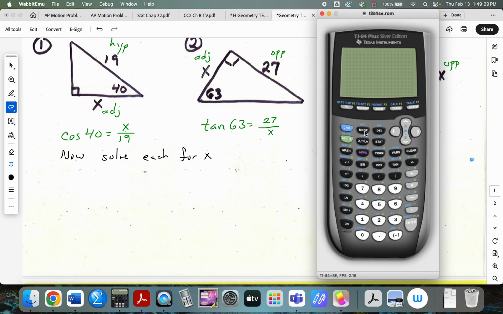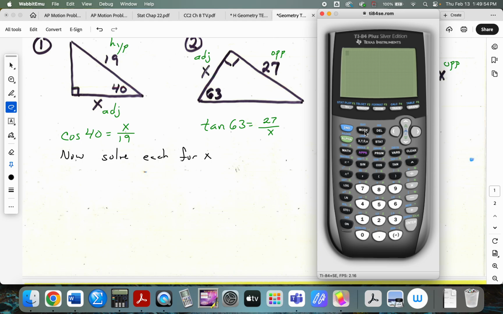All right. Does anybody have a calculator that's different? I'm sure there's some. Someone have anything that's different where you're like, I don't know how to get the mode right? Yeah. What is yours? It's a Casio? Okay. Casios are great.